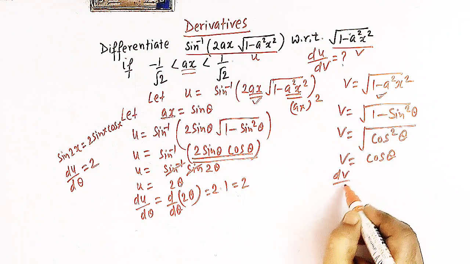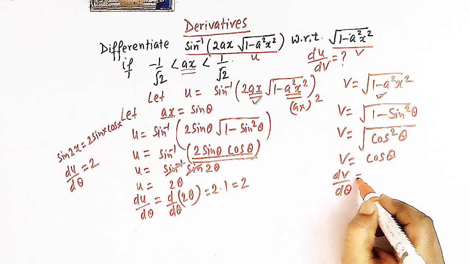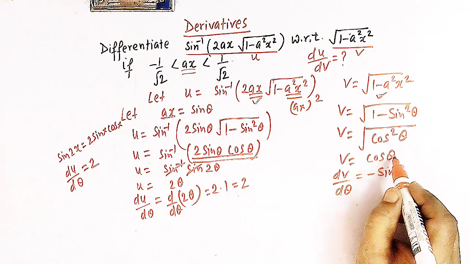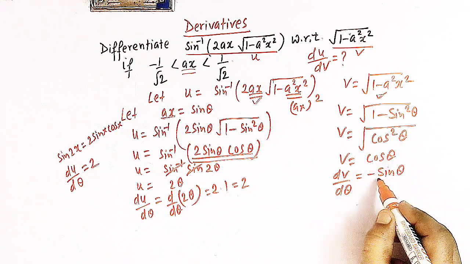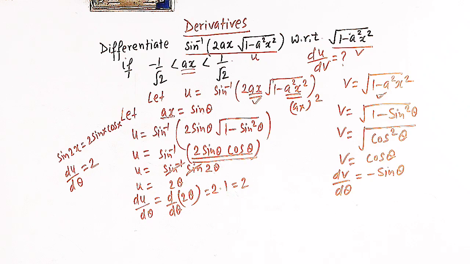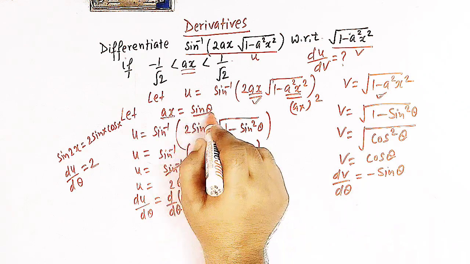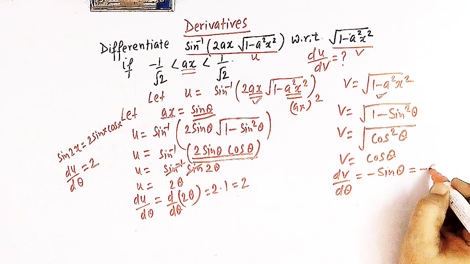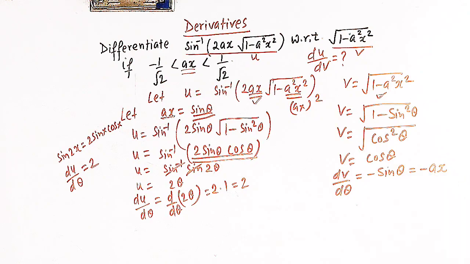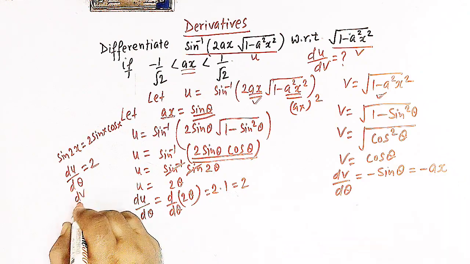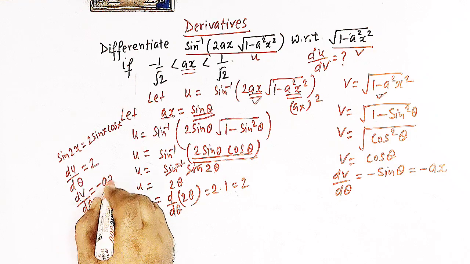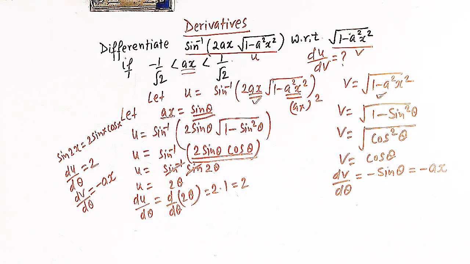We have dv over d theta equal to minus sine theta, because the derivative of cosine theta is negative of sine theta. And sine theta is equal to ax, so dv over d theta is equal to minus ax.